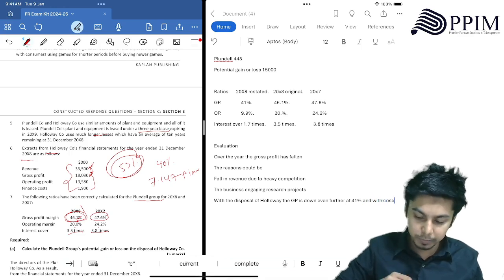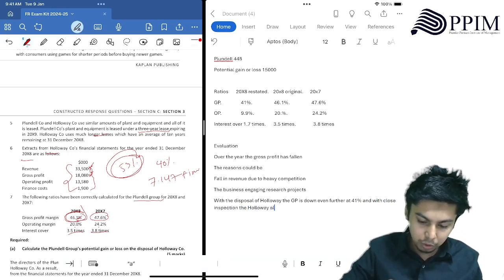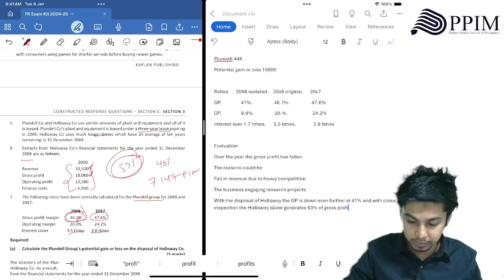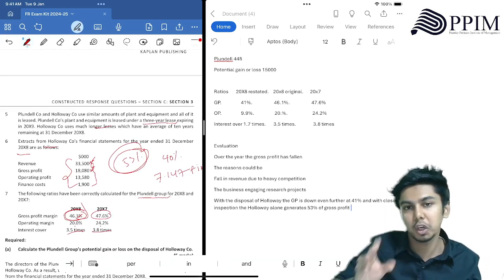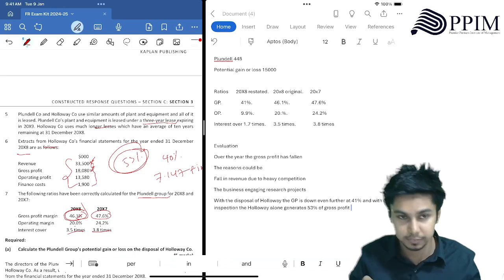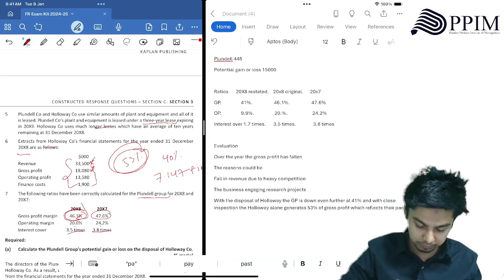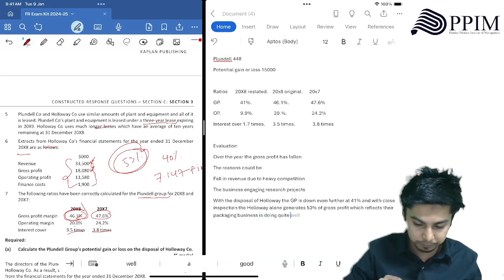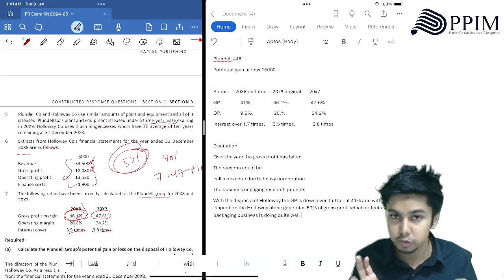And with close inspection, Holloway alone generates a 53% gross profit margin. Guys, like I said, I individually calculated the ratio for Holloway, to see how they are performing alone. So it's 53%, which reflects that their packaging business is doing quite well.